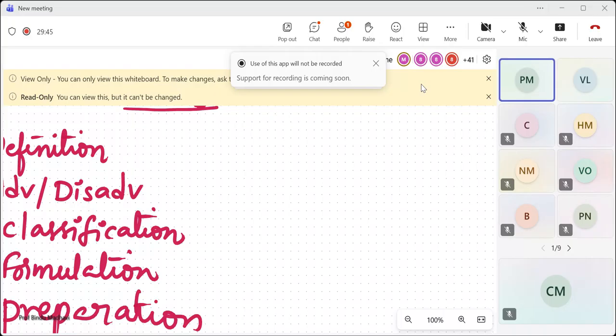Which is called as disintegration and deaggregation. If the tablet is hard, we cannot expect disintegration to happen. We cannot expect deaggregation to happen. Because the tablet is very hard.